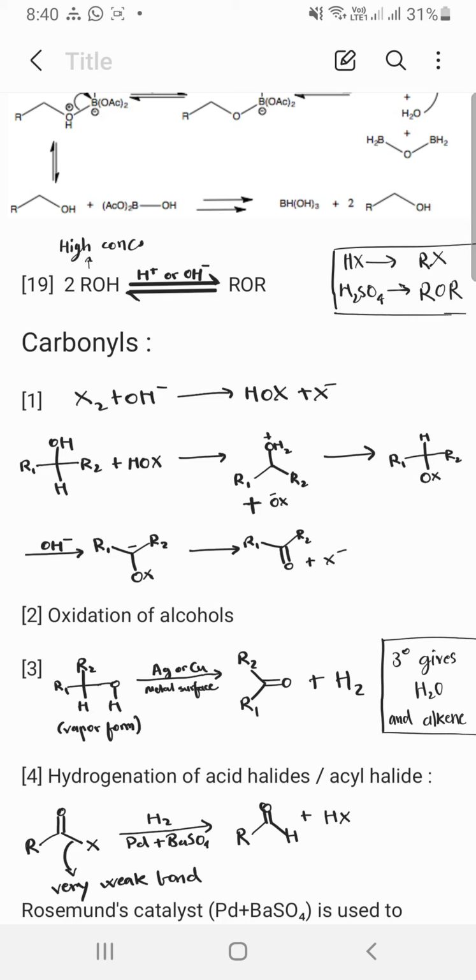Yeah, this mechanism is alright. So you can use X2 to oxidize any alcohol. Well, I've only seen it with iodine, right? We know that iodine can be used to do this directly. Yeah.